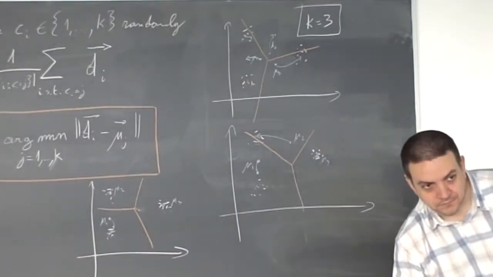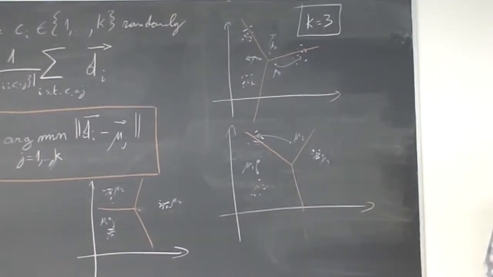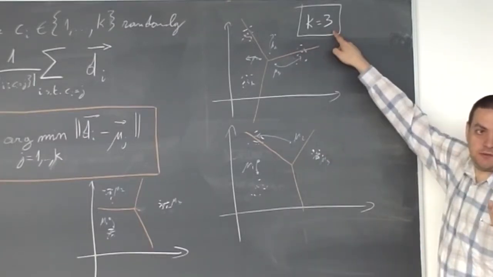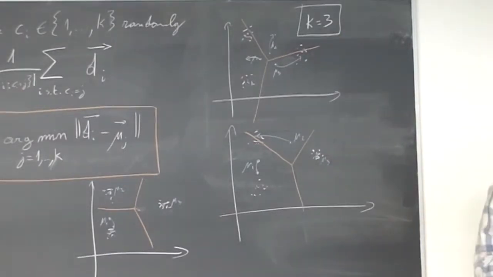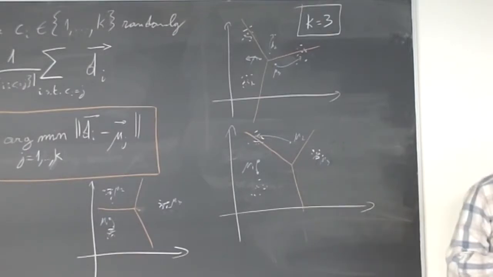So what will happen if we have no proper cluster? In fact, let's see the other case before. So what happens if we choose the wrong number here? Of course, your question is perfectly legitimate.